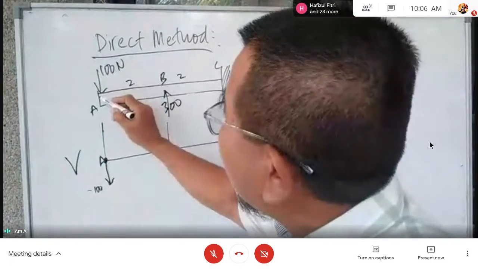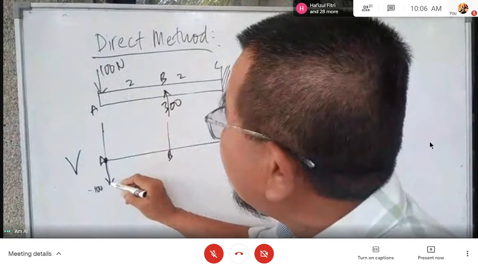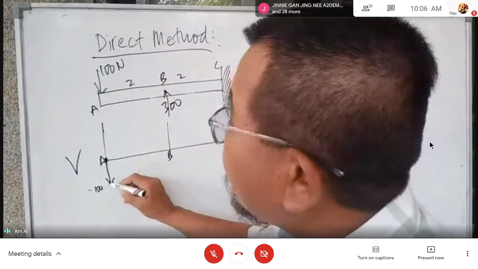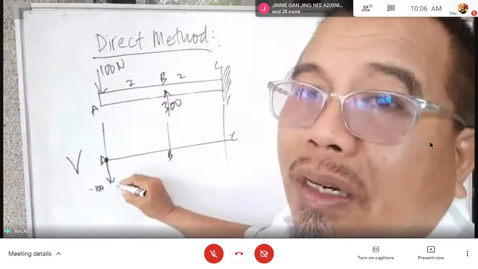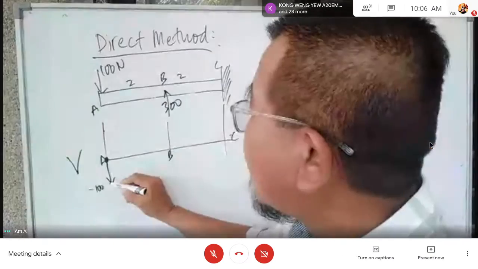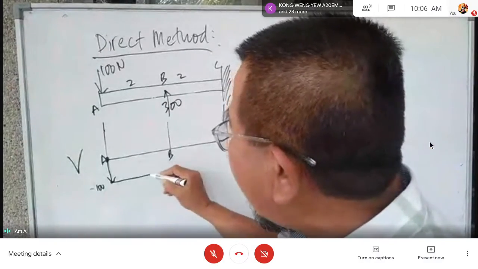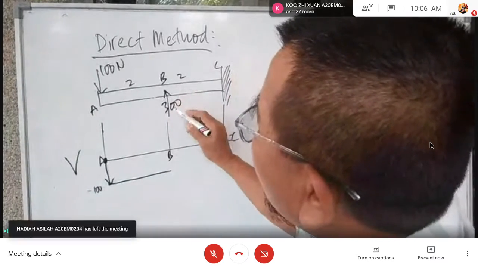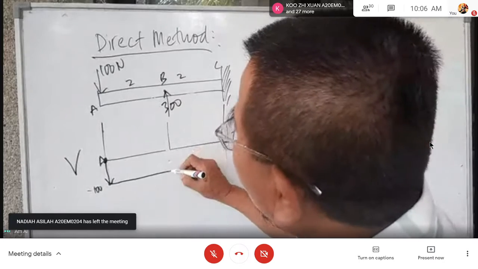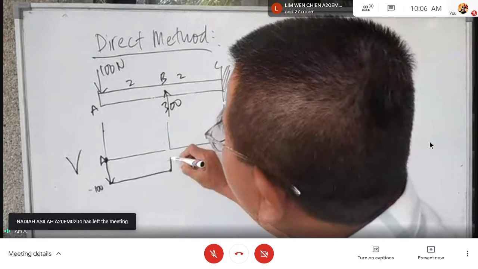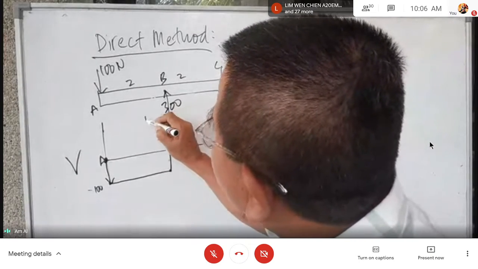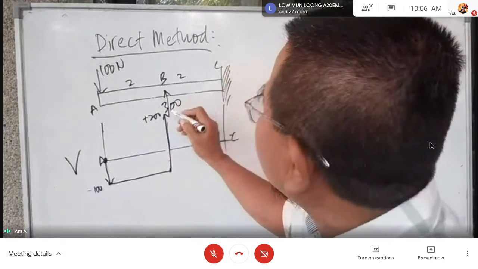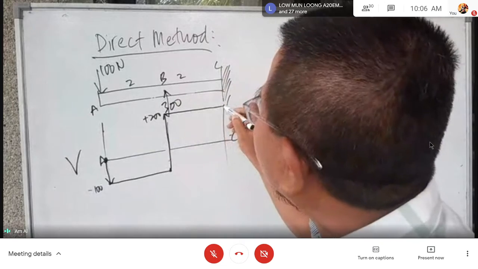So I go to here, and there is still no instruction to go up or go down. So what do I do? I maintain the value of minus 100. That's why it's constant. I maintain until at some point there is an instruction to go up by 300. Go up by 300, so there must be positive 200 there. So the change is 200. And I move from B to C, I maintain the value of 200 there.